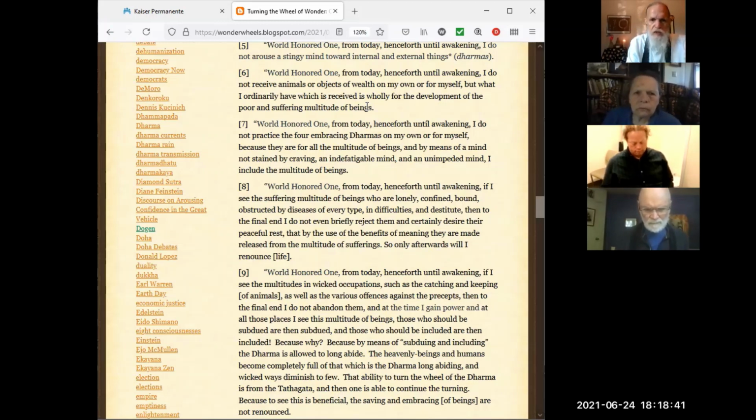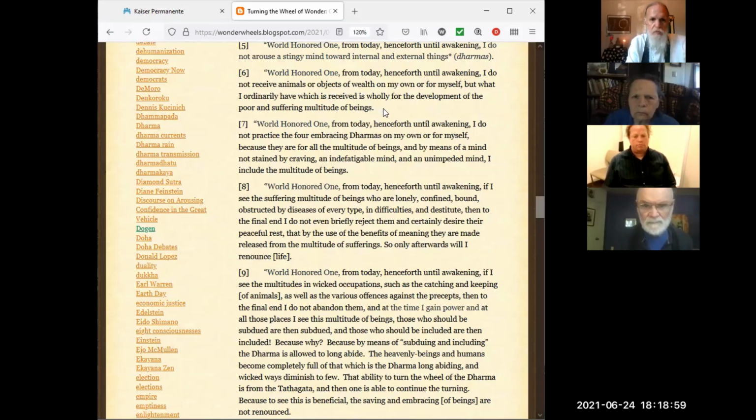World honored one, from today henceforth until awakening, I do not receive animals or objects of wealth on my own or for myself. But what I ordinarily have, which is received, is wholly for the development of the poor and suffering multitudes of beings.